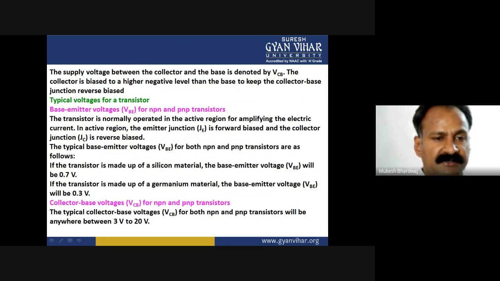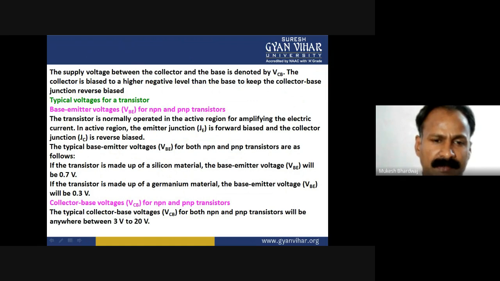If the transistor is made up of silicon material, the base emitter voltage VBE will be 0.7 volt. If the transistor is made up of germanium material, the base emitter voltage VBE will be 0.3 volt.